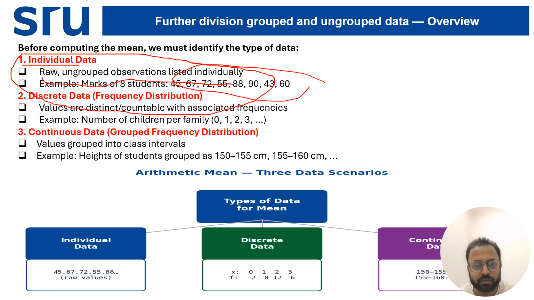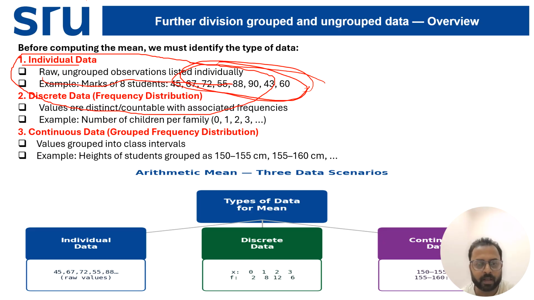For example, marks of 8 students: 45, 67, 72, 55, 88, 90, 43, 60, and we separate each value by comma.